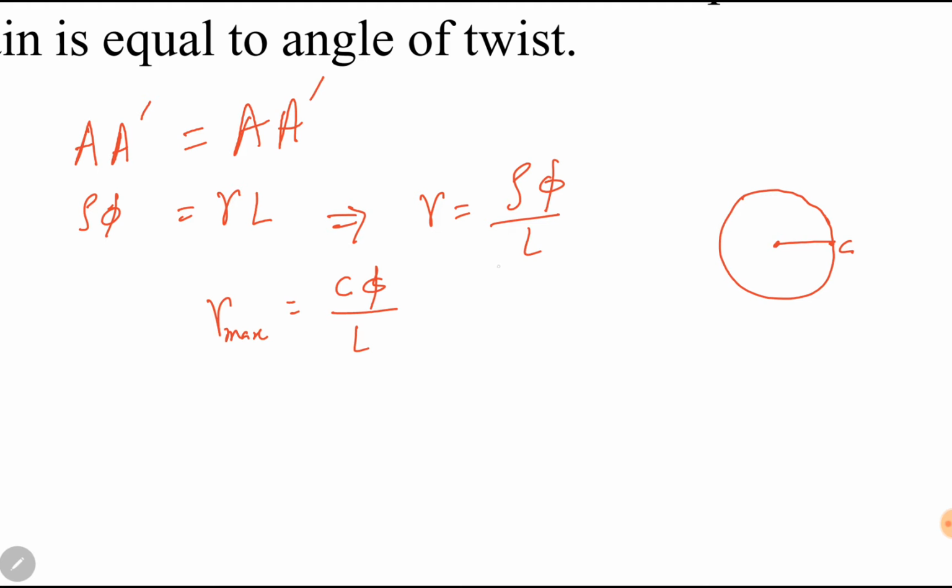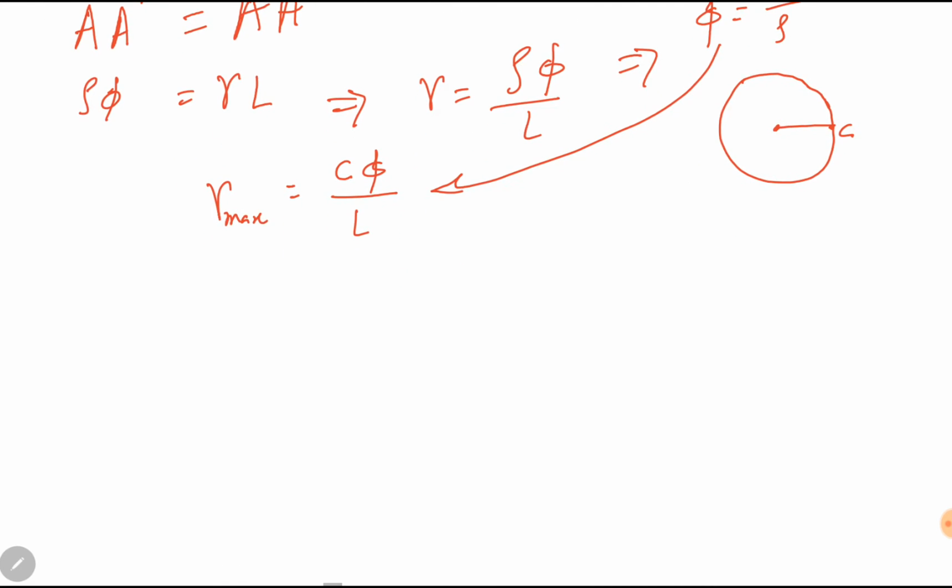If we compare these two expressions, first we find phi from here. Phi is equal to gamma L over rho, and we will put phi back into the expression of gamma maximum. So we can find that gamma is equal to rho over C gamma maximum.